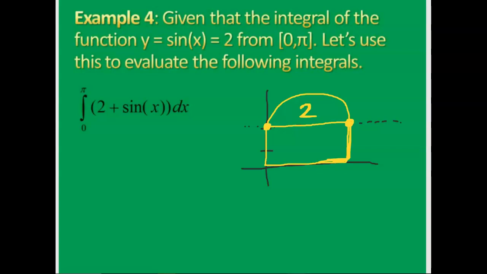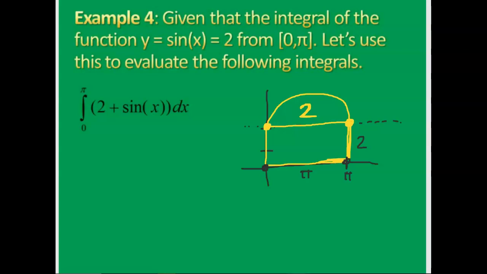So that rectangle has a height of 2 and a width of pi. It has a height of 2 because it got shifted up 2 units, and we're reaching from 0 to pi, therefore its base is pi.